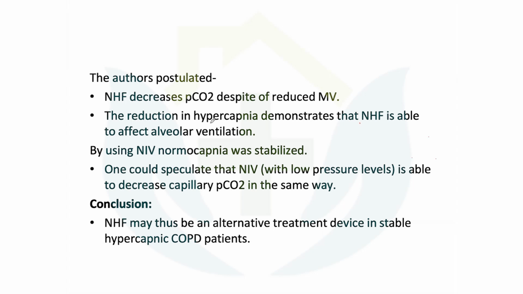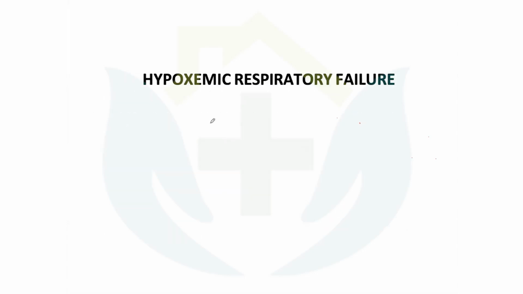So the conclusion is HFNC may thus be an alternative treatment device for stable hypercapnic COPD patients. So in stable hypercapnic COPD, we know that when the patient has developed cor pulmonale, this patient needs domiciliary oxygen therapy. So to reduce the exacerbation in this group of patients, HFNC has a good role.